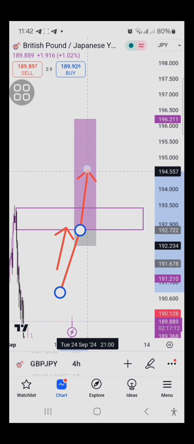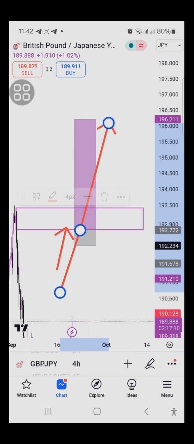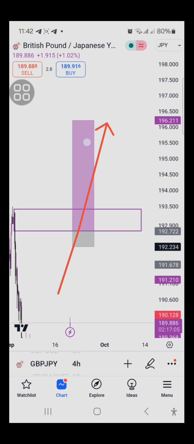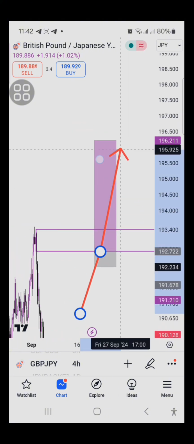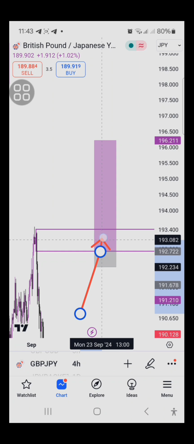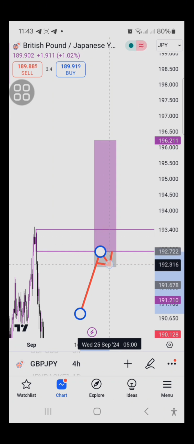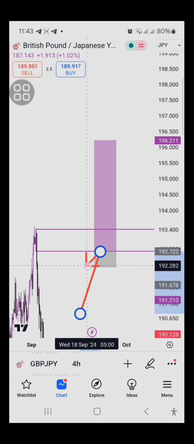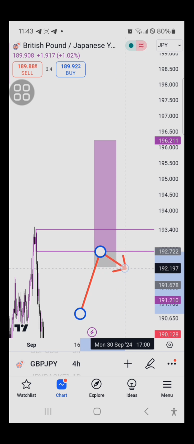Forgive the second arrow, let me take that out. If it continues to move up, yes, I'm happy that the price is moving towards my TP. But if for whatever reason it comes to this zone and finds its way back and takes me out, or hits this price of 192.251, I no longer want to be in that trade.